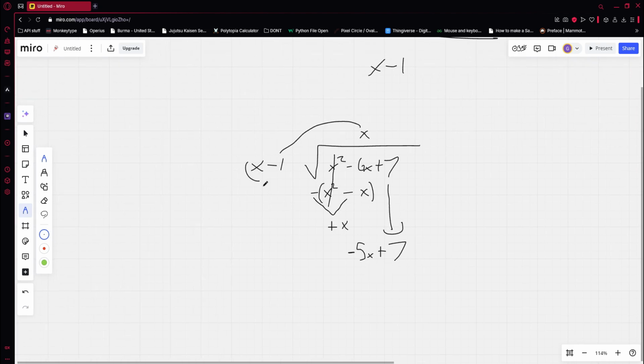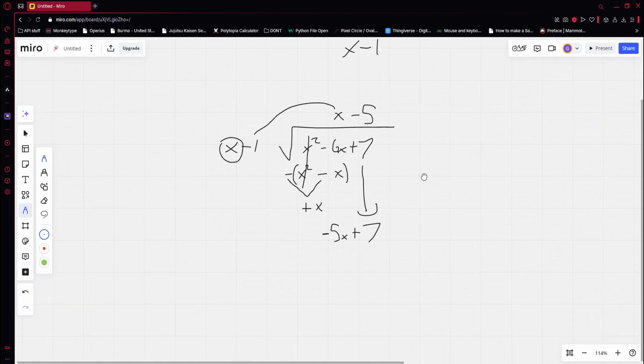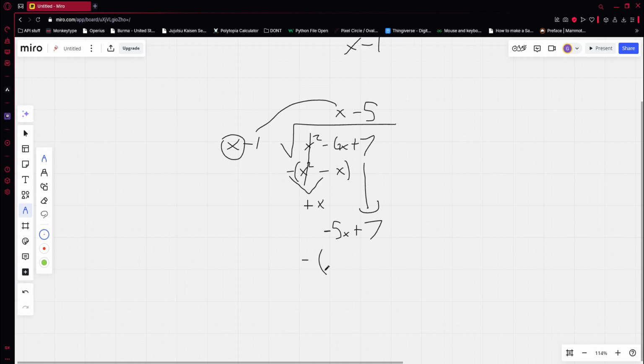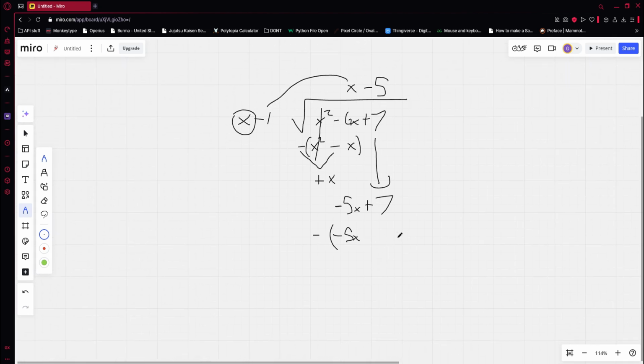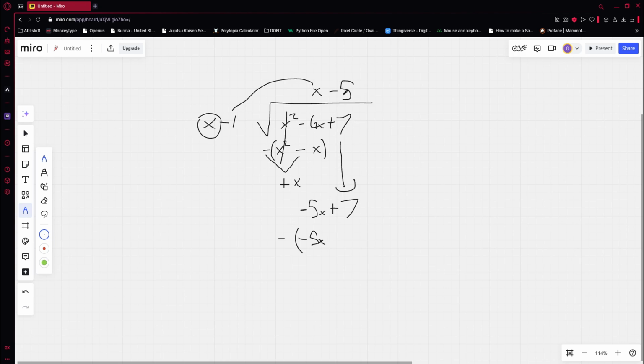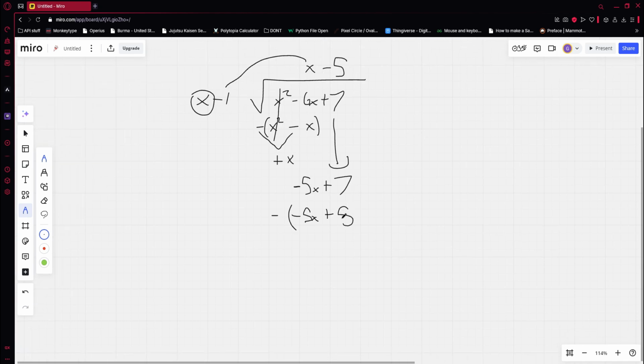How do we turn x into negative 5x? Negative 5. So, minus negative 5x. And then negative 5 times negative 1 gives us positive 5, sorry. So 5 times 1. Negatives cancel out.